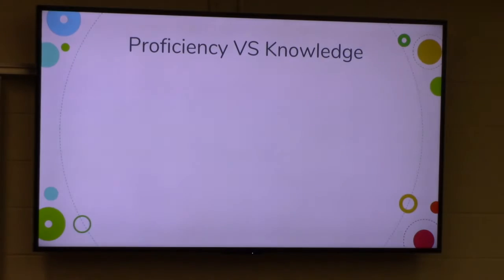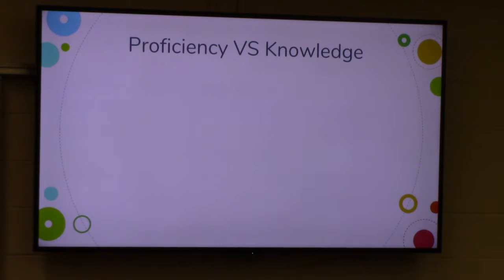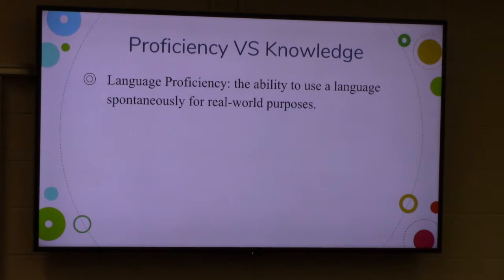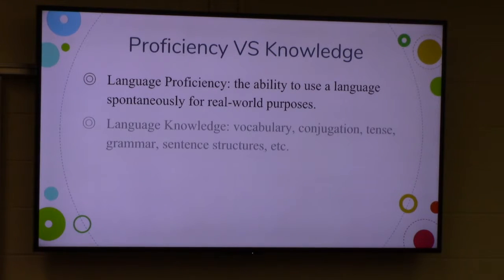So let's talk about proficiency versus knowledge. Language proficiency is the ability of the language learner to use a language spontaneously, not rehearsed, for real-world, daily life purposes. It's very different from language knowledge, because when we talk about learning language, we talk about learning vocabulary, conjugations, tenses, grammar, sentence patterns, etc. Those are knowledge.